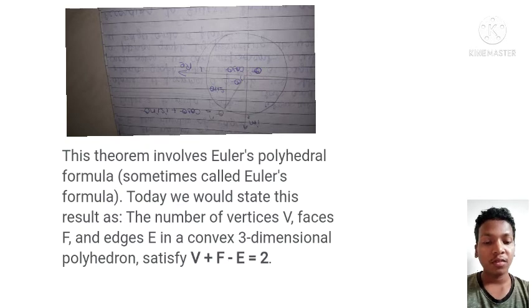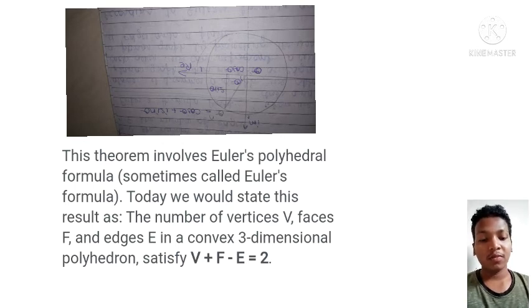Now we put this formula in polyhedra. Polyhedra are 3D solid shapes whose surfaces are flat and edges are straight, for example cube, cuboid, prism and pyramids.